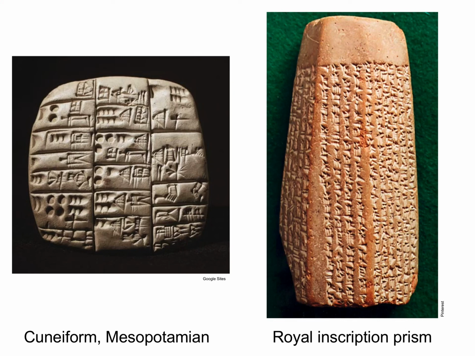Those types of documents were preserved for us because they were on clay material that was either left raw to be rewritten and erased and used again, or on fired objects in ceramics for their preservation over time. And we have an example here of cuneiform writing and a royal inscription prism on the right.